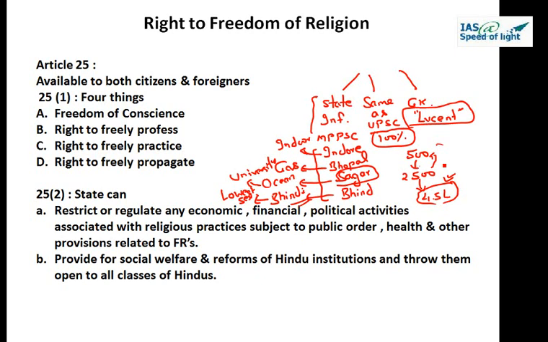Here, Article 25 Part 1 gives us four types of freedom regarding religion. The first is freedom of conscience. Conscience means the freedom to listen to your inner self, and in what way you want to pray to God, in what form you want to see your God.